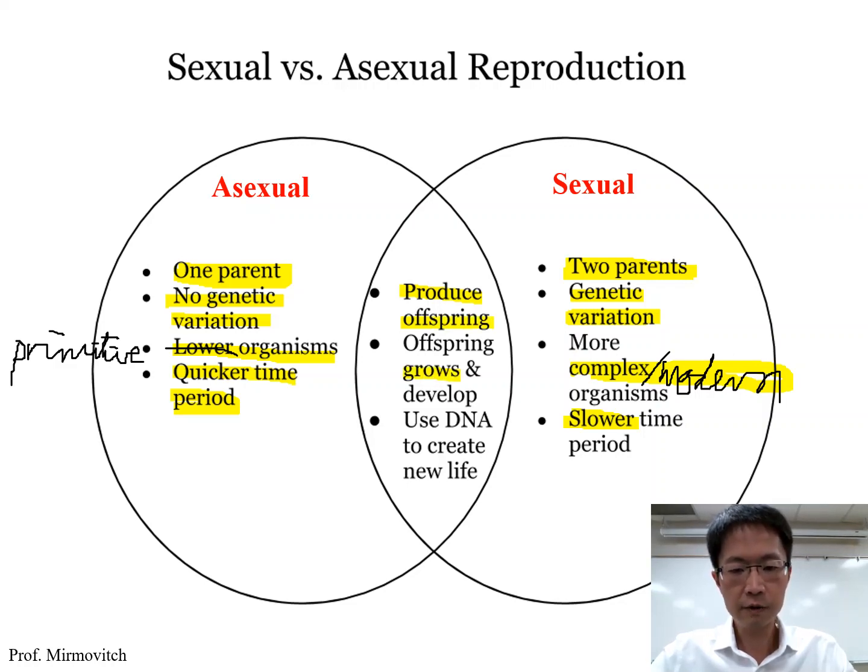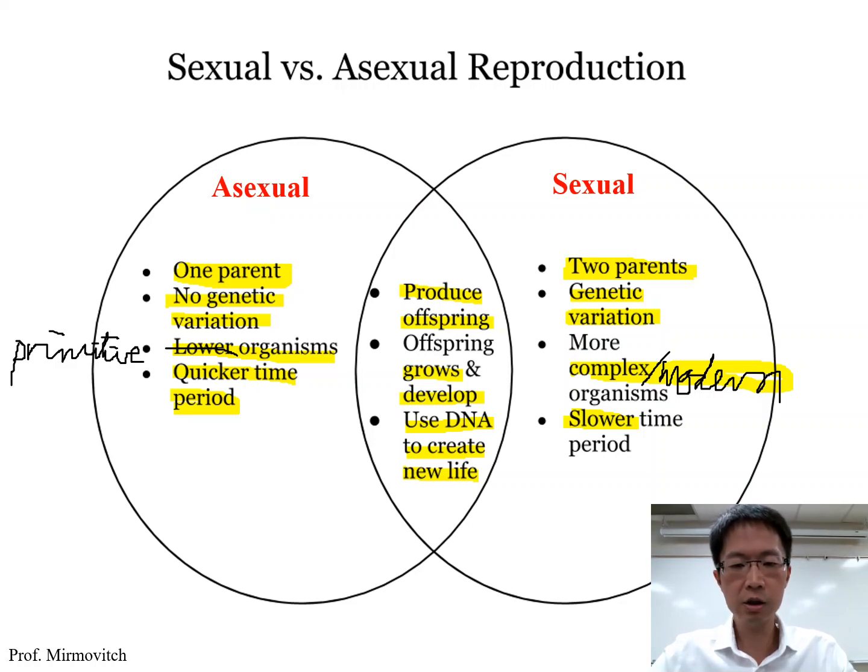Offspring, they will grow and develop. This is through another mitosis. And after they become mature, they also use DNA to create new life. So we pass on our genes to our offspring, and then our offspring will pass on their genes to their offspring, and their genes contain part of our genes.